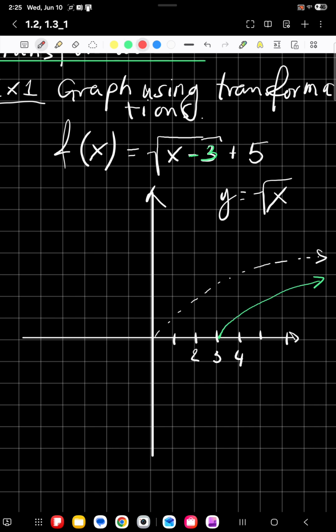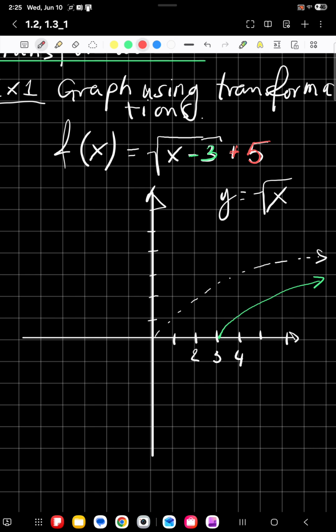And then the next thing that's happened to x is plus 5. All right, so I take the graph, and when a number is outside of this function, that number is responsible for moving it up or down, right? So I'm adding numbers, so I'll be moving it up, right?